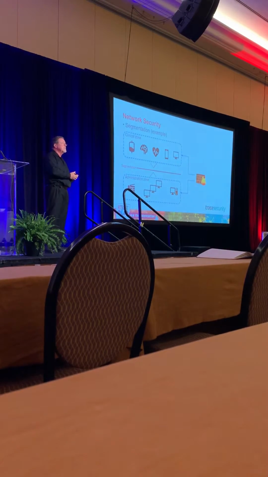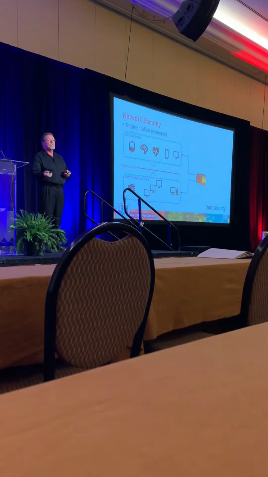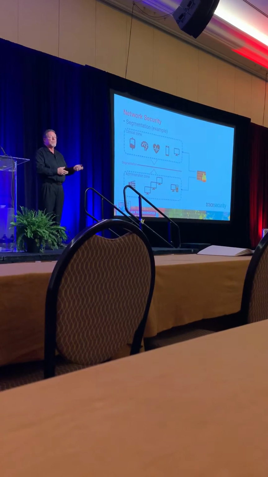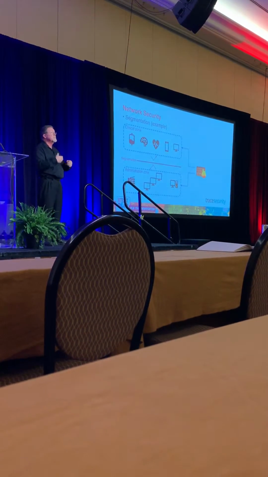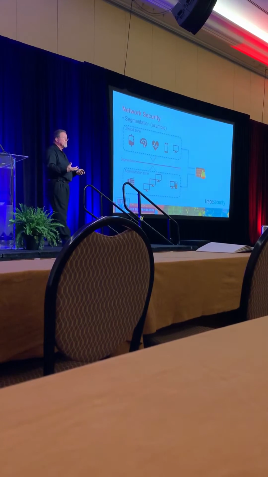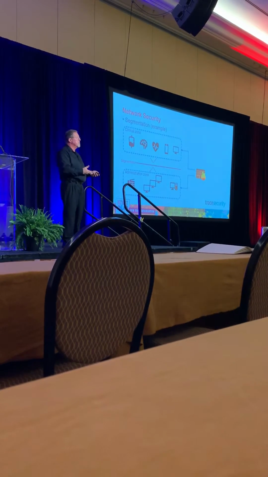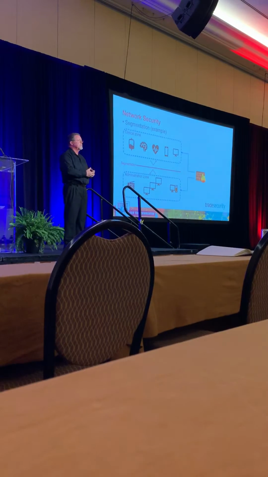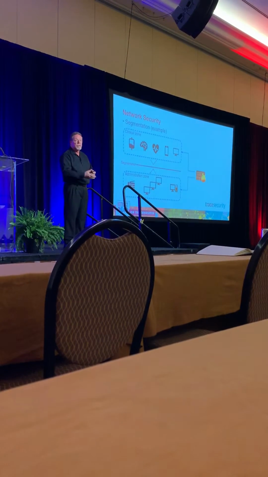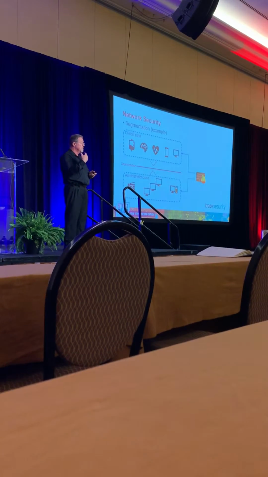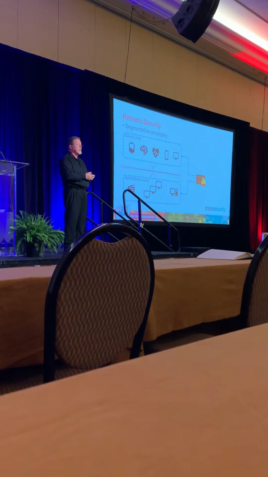So this is one way to limit the impact should compromise occur. So for example, in this illustration, if a workstation in the administrative zone was compromised, it would not be able to get immediate access to devices in the clinical zone, nor would it be able to listen to information that's being broadcast in that zone.